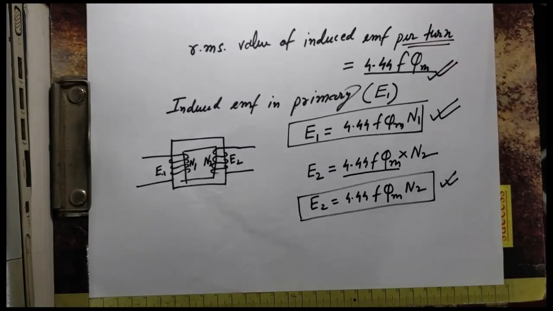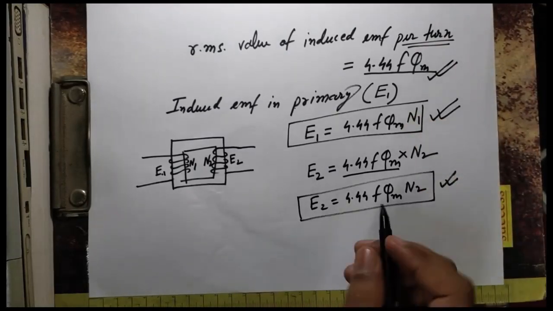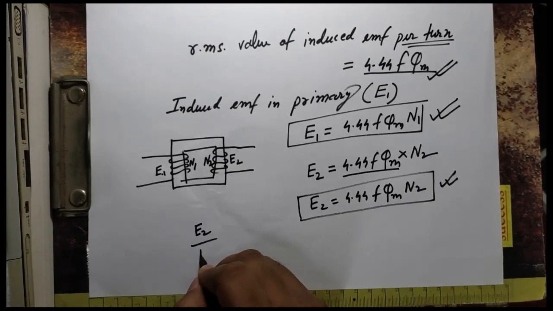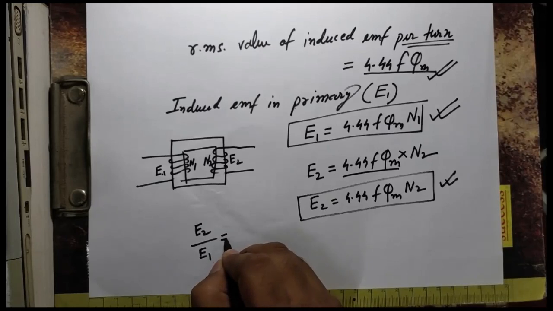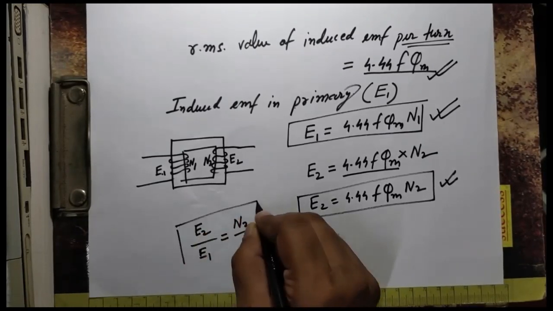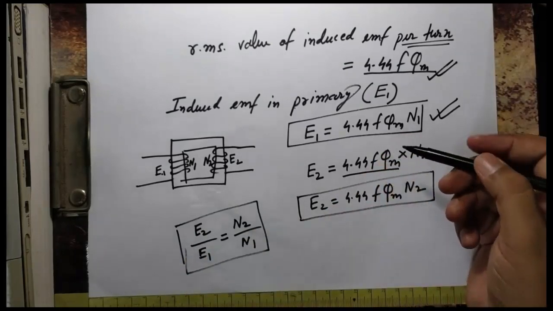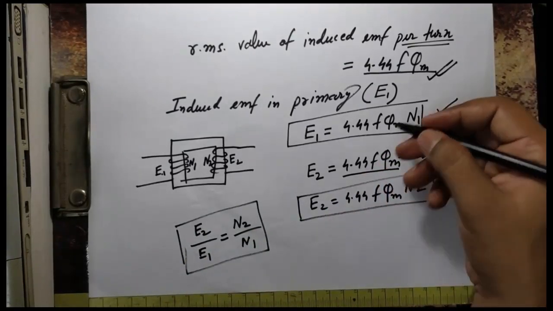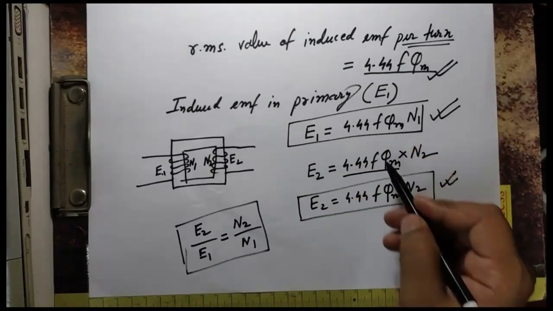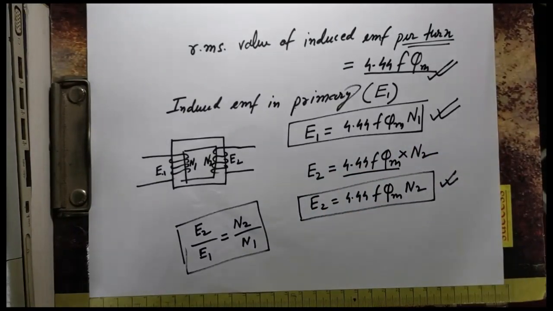From here we can also justify the relation that E2 by E1 is equal to N2 by N1. You can easily tell from this. If you divide this by this, you will get E2 by E1 equal to N2 by N1, because all the other terms will cancel out.